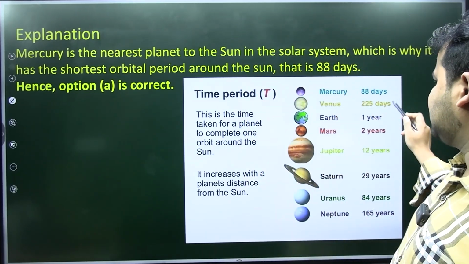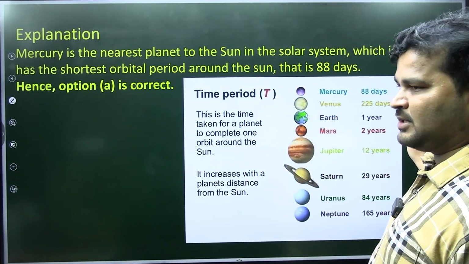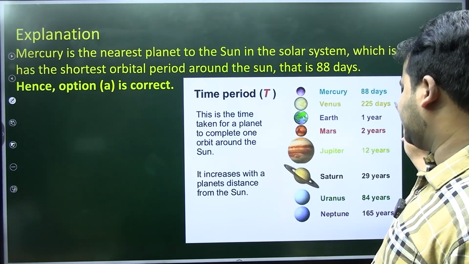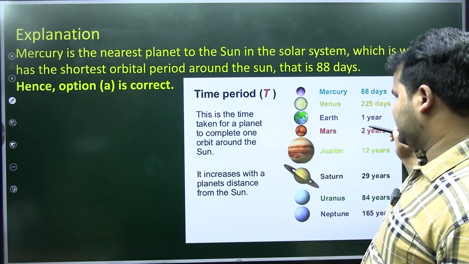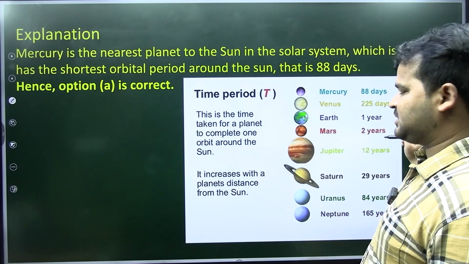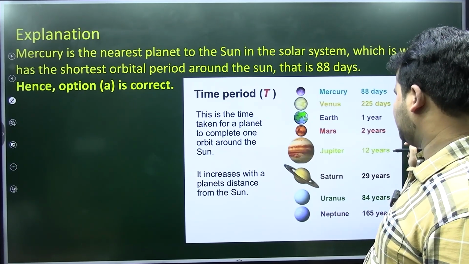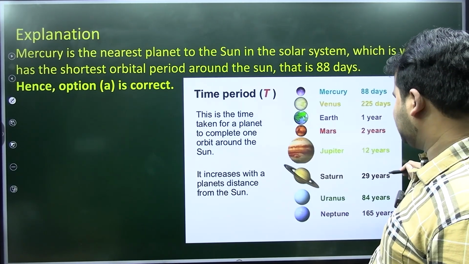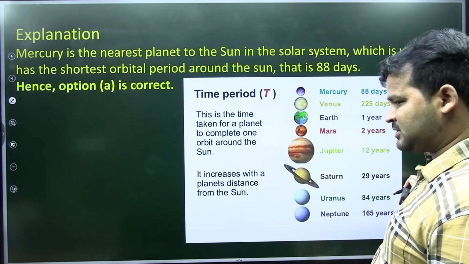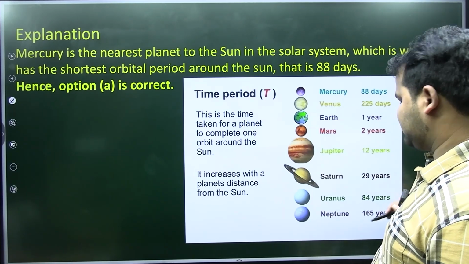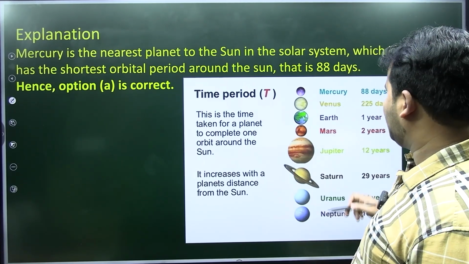So Mercury takes 88 days, Venus 225 days, Earth 1 year, Mars 2 years, Jupiter 12 years, Saturn 29, Uranus 84, Neptune 165 years.